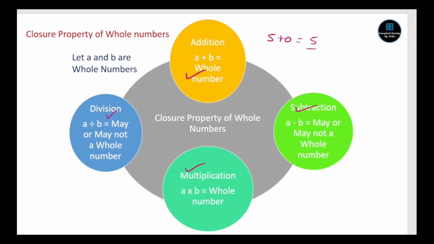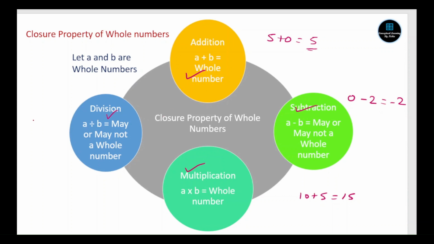So I get a whole number again, correct. 5 is a whole number. Or if I say 10 plus 5, I'll get 15. These are whole numbers. But for subtraction, again it is not valid. Let's say 0 is a whole number, and if I subtract 2, I'll get negative 2, which is not a whole number. It is an integer value.